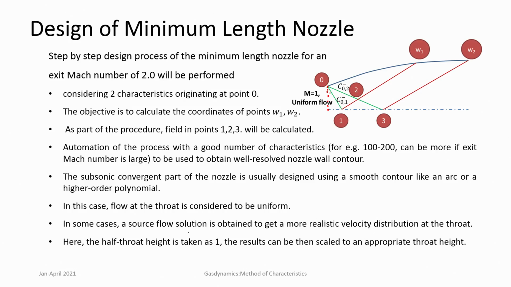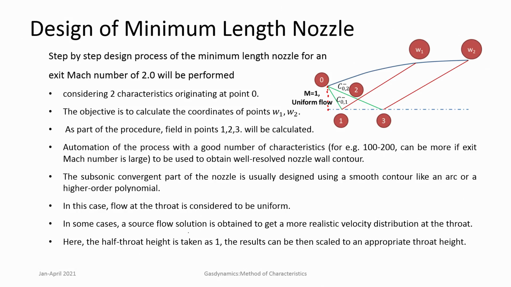If the flow is supersonic, then that can be considered, and you can draw an initial characteristic net starting at this particular point. There are detailed methods for how to consider such situations, which is not in the scope of what we are discussing.